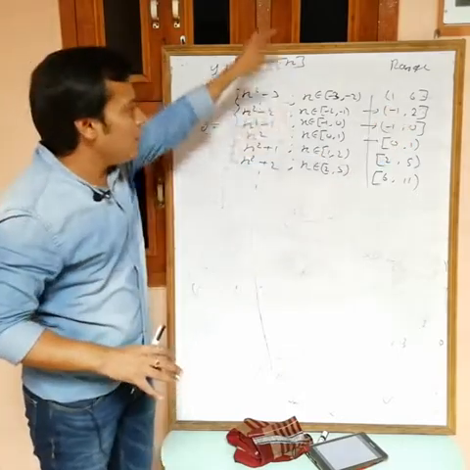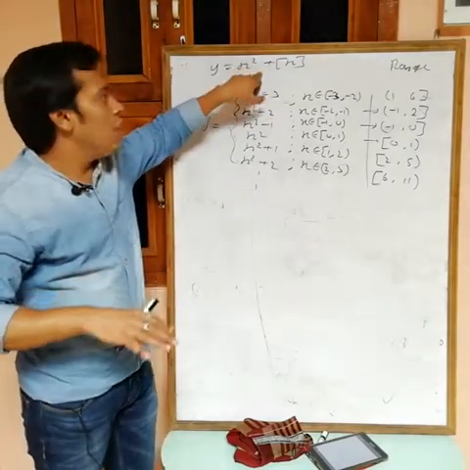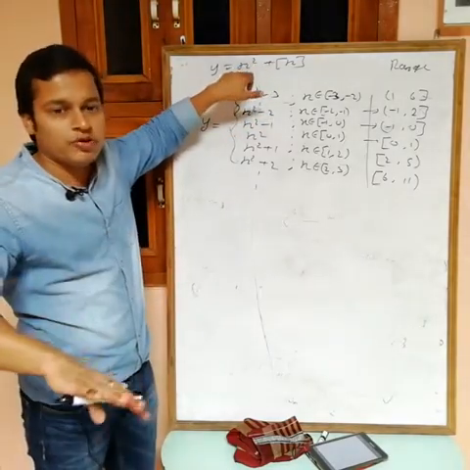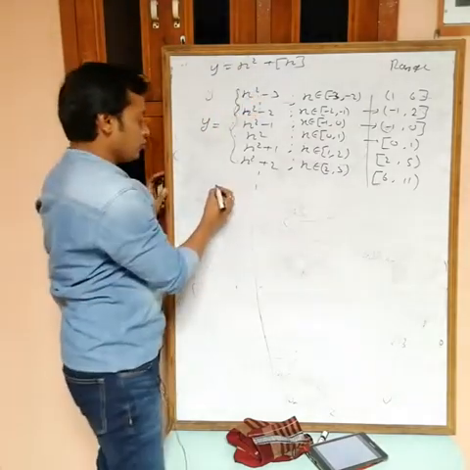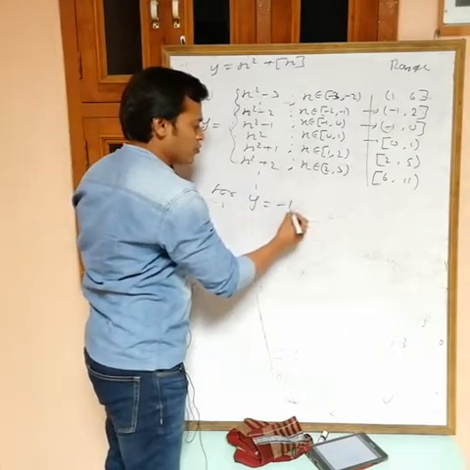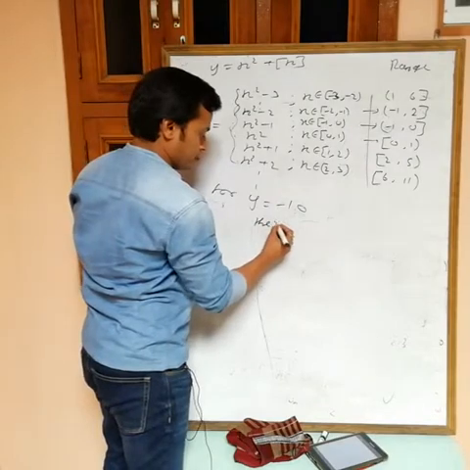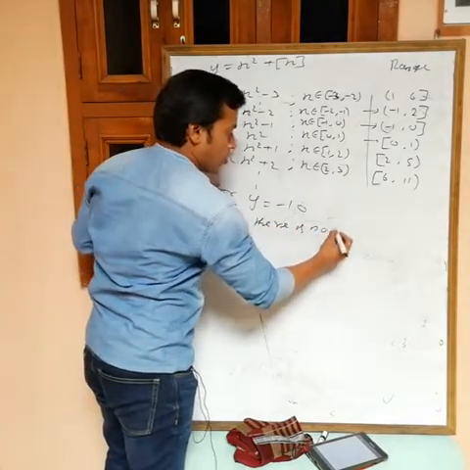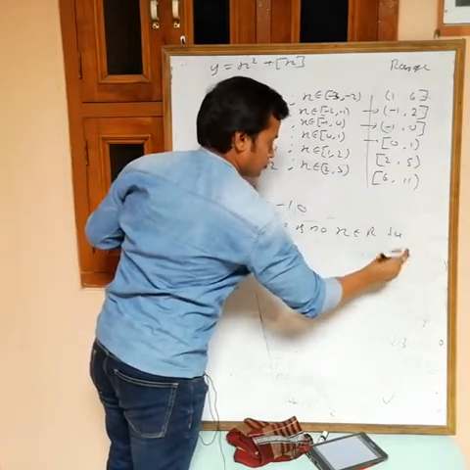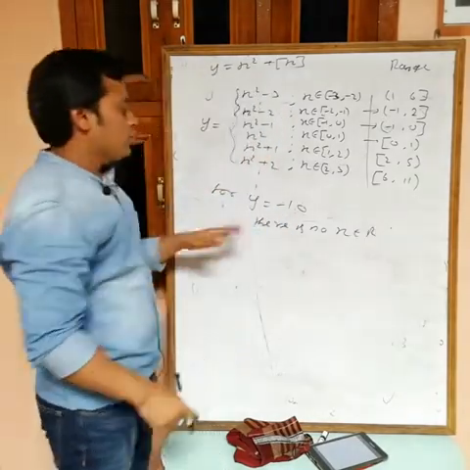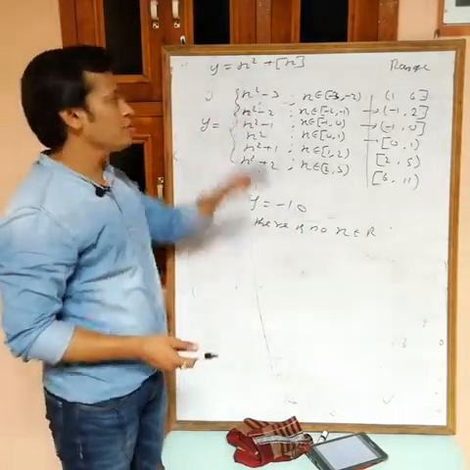Now put any value of x, it doesn't matter. Anyhow you can't get this as less than minus 1. Also this can't be equal to minus 2, this can't be equal to minus 3, minus 4, or minus 10. So for y equals minus 10 or minus 1, doesn't matter, there is no x belongs to R. This can't be negative because this one is always positive.